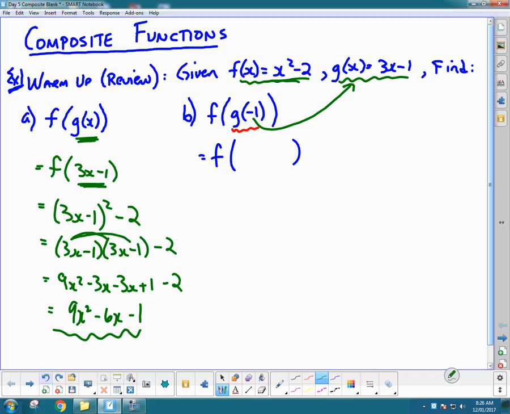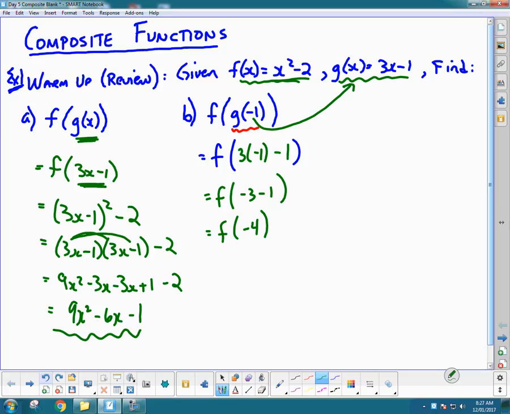So wherever you see an x, you replace it with negative 1. So it used to be 3x minus 1, so now it's 3 times negative 1 minus 1. And what I'm doing inside the brackets is only doing the g at negative 1 part of it. So that little part of it is 3 times negative 1 is negative 3 minus 1. And g at negative 1 is negative 4.